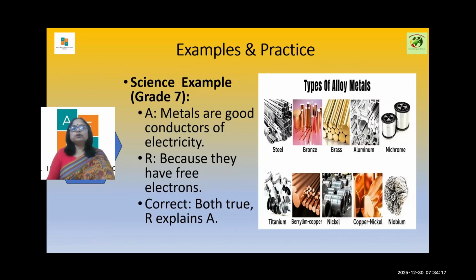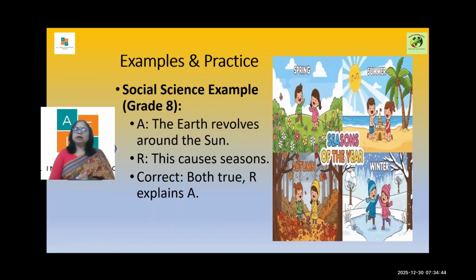I have quoted one example here from science, grade 7, which says metals are good conductors of electricity. The reason is because they have free electrons, and here the answer is both are true, and the reason explains the assertion. Next, for social science, the example is from grade 8.